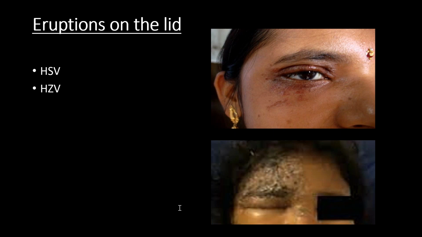If the nose is involved, it tells you that most likely the eye will also get involved. And why does that happen? Yes, absolutely right. That's because of the nasociliary nerve. So you look for all these eruptions.